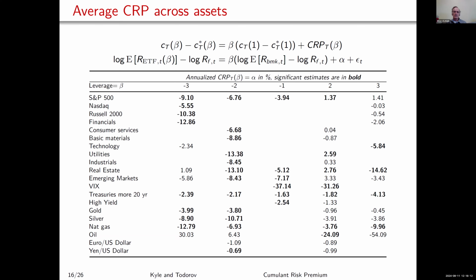If you look at the rest of the table, you'll see that equities are something of an exception. Throughout the table, most of the cumulant risk premiums are negative. In the case of VIX, they're substantially negative, and in some of the other assets they are substantially negative as well.